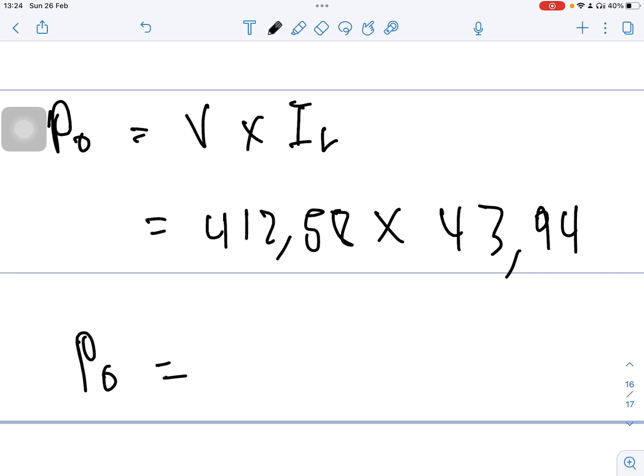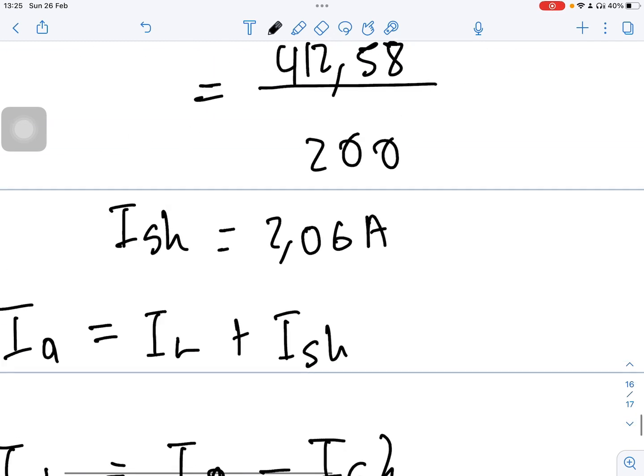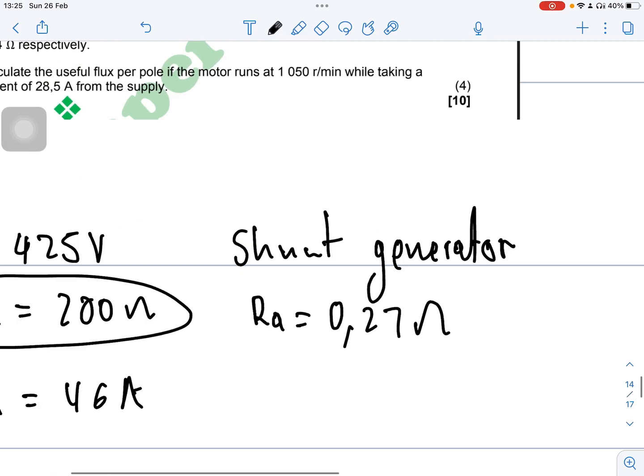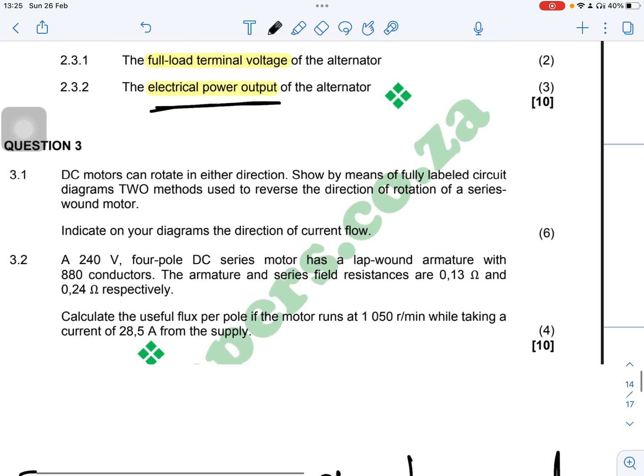So our power output will be 18.13, let's say 18.13 kilowatts if you round off to 2 decimals. Then let's look at the next question.